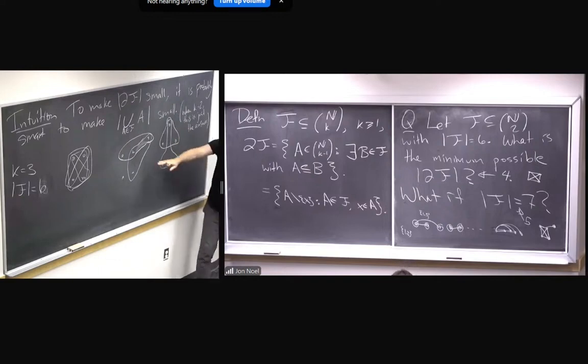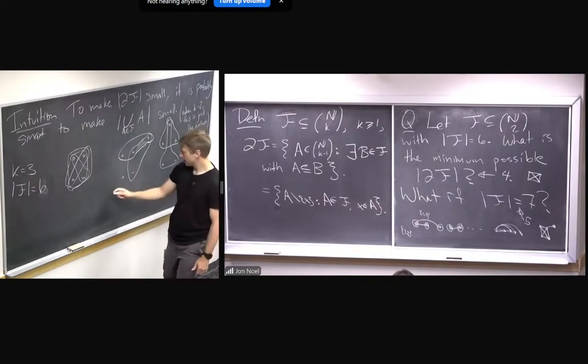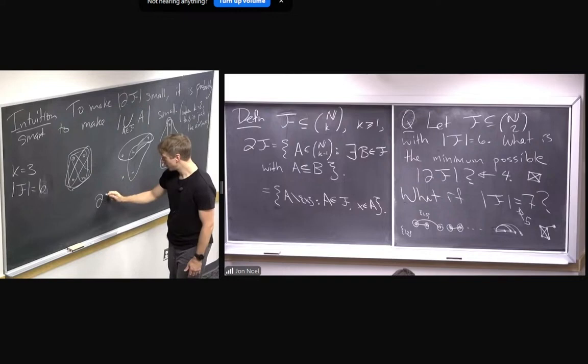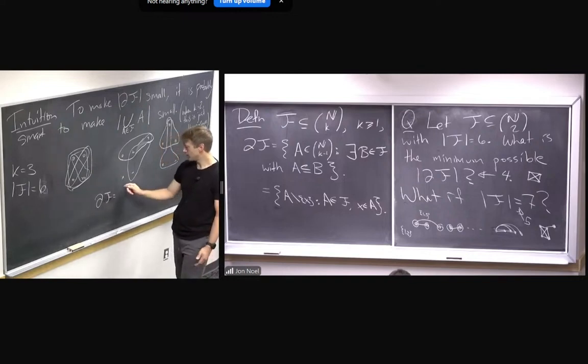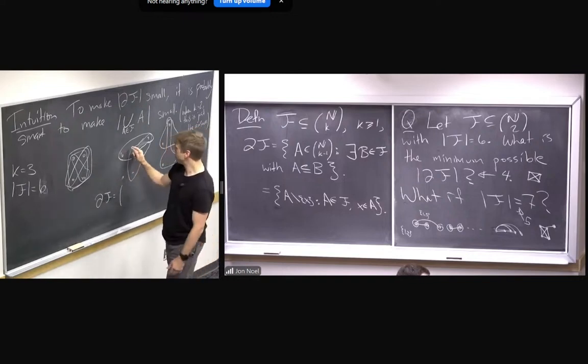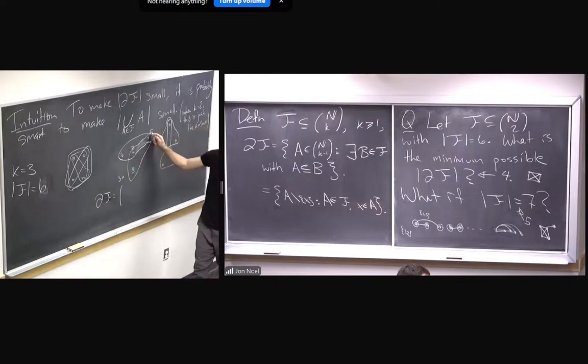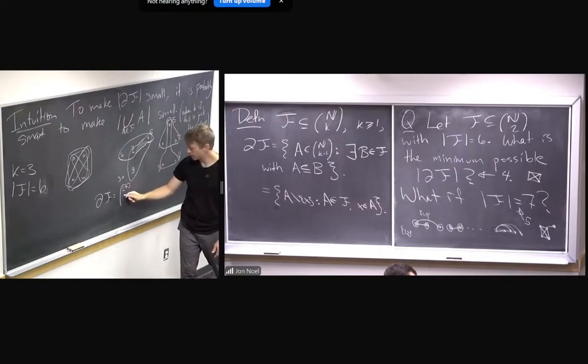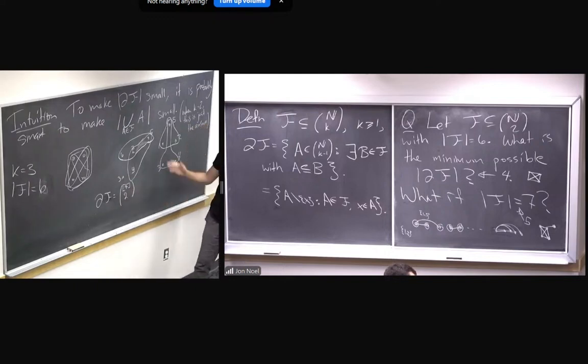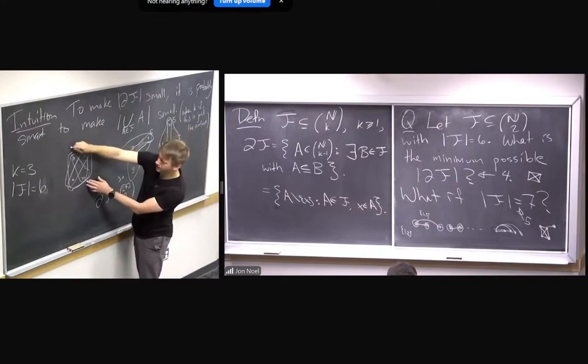If you think about it, this one's going to be better for making the shadows small. If these are the points 1, 2, 3, and 4, and that's the point 5, you're going to get all of 4 choose 2 in both cases, just from taking subsets of these.